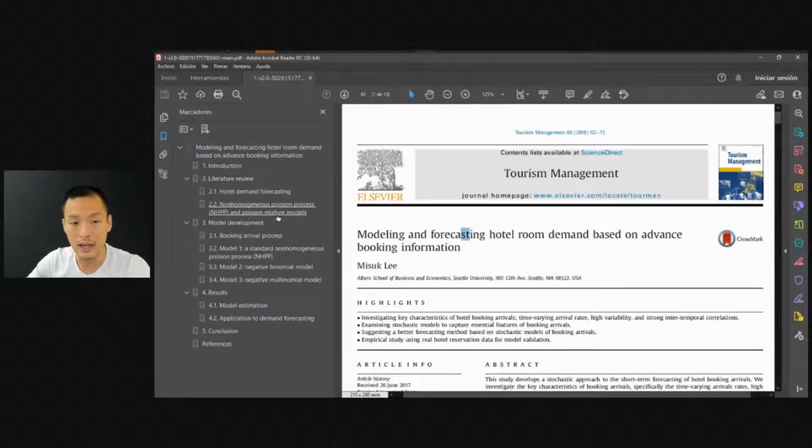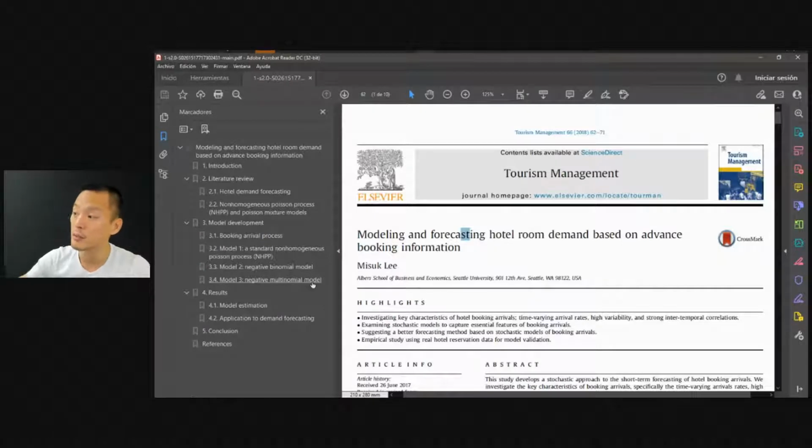So again, a good research paper provides you value. A good research paper is valuable. So this research paper, just from structure alone, makes it clear that people have been using NHPP, model 1, but they're coming up with maybe model 2 and 3, a negative binomial model and a negative multinomial model, which are probably better than the current model.